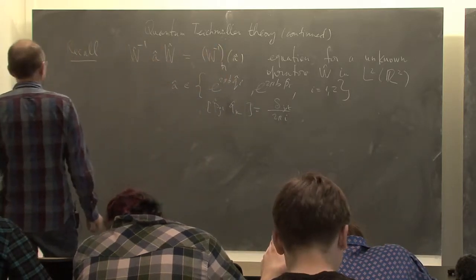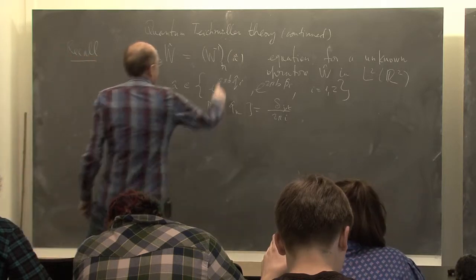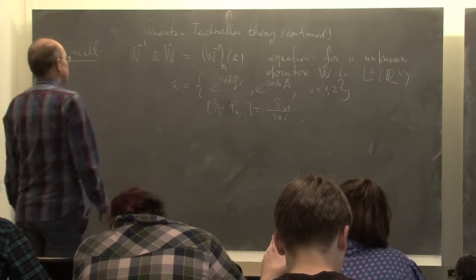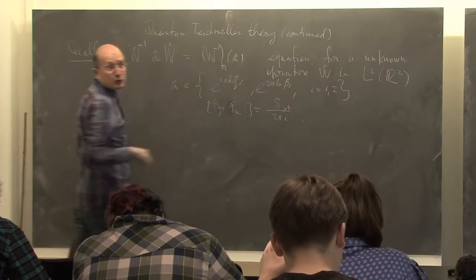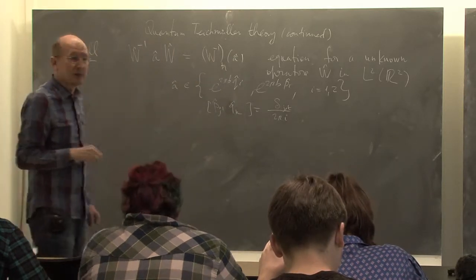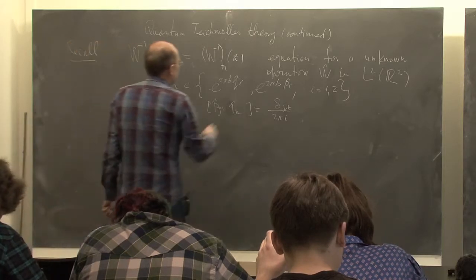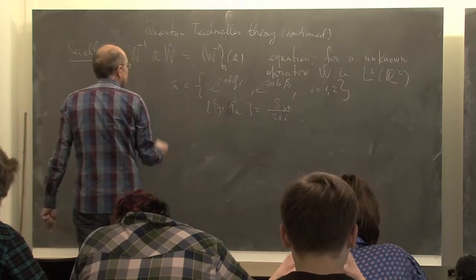And W in parentheses with subindex h bar was an algebra automorphism of the algebra generated by those A.